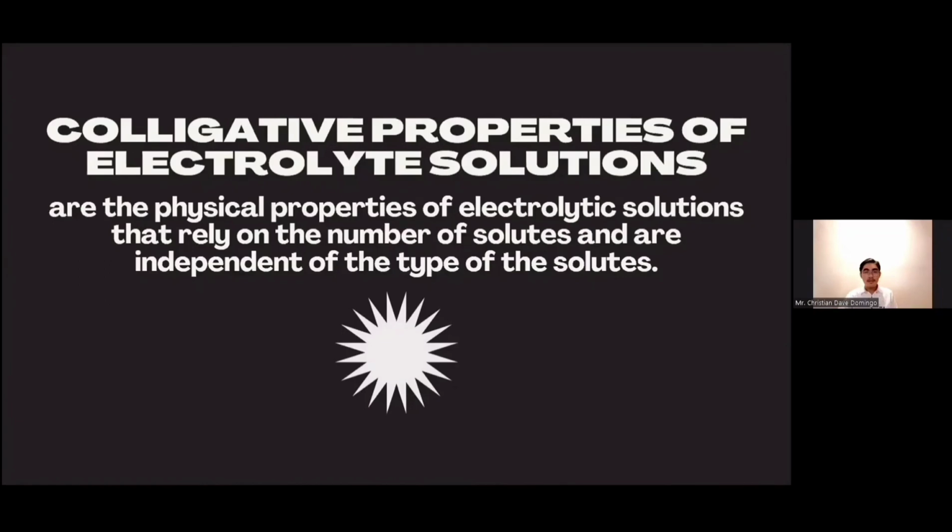Colligative properties of electrolytes are the physical properties of electrolytic solutions that depend on the amount of solutes regardless of the nature of solutes. The solutes present in electrolytic solutions are atoms, molecules, or ions having either lost or gained electrons to become electrically conductive.